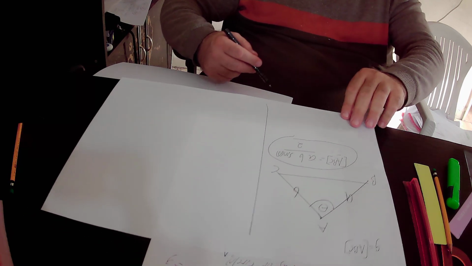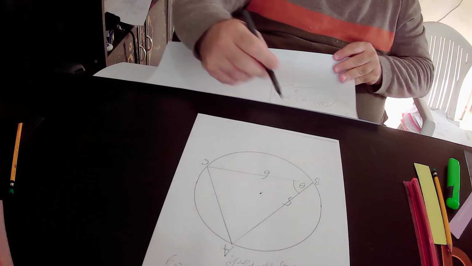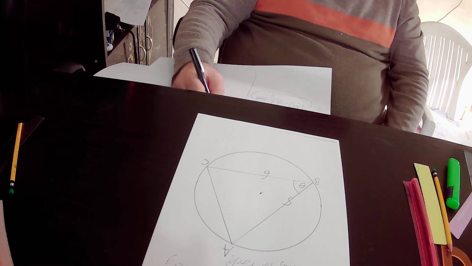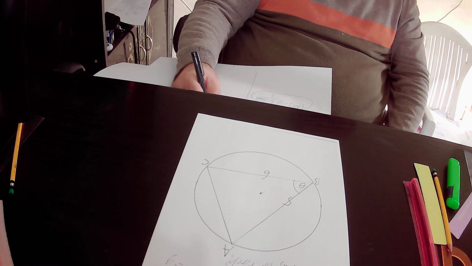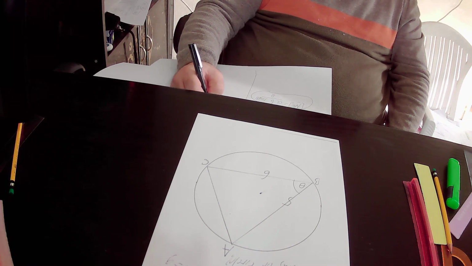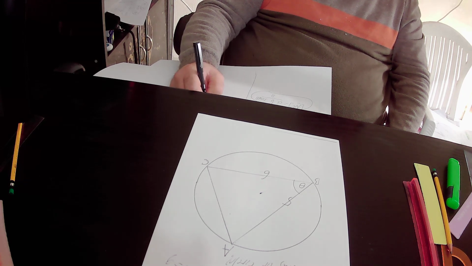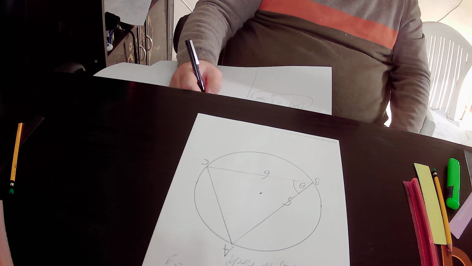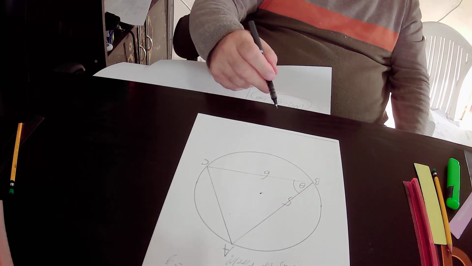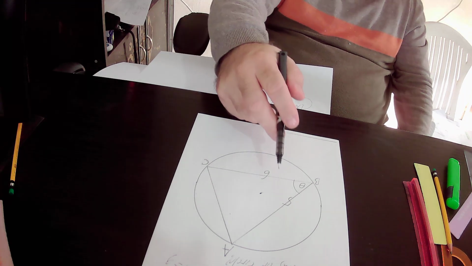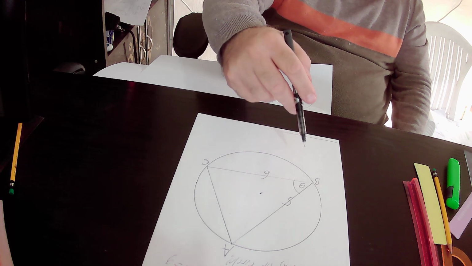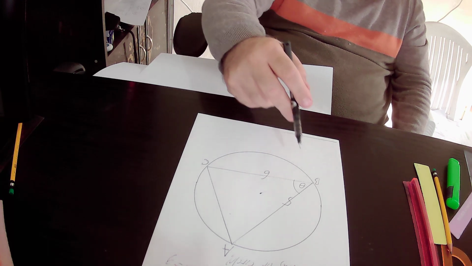According to this formula, the area is equal to AB times BC times sine theta over 2.